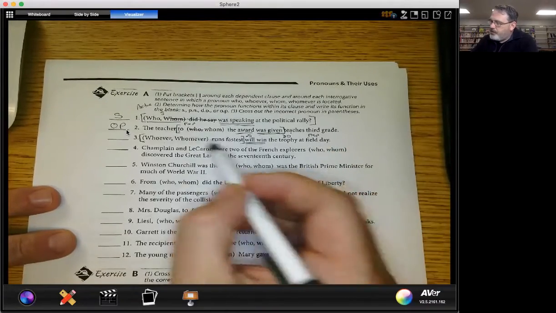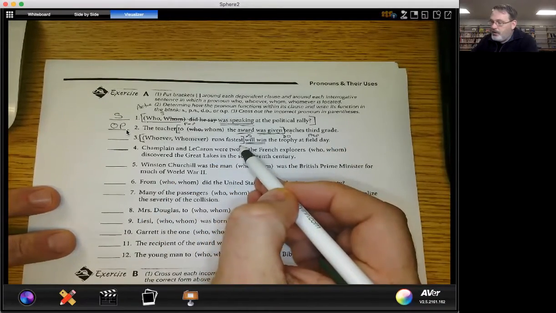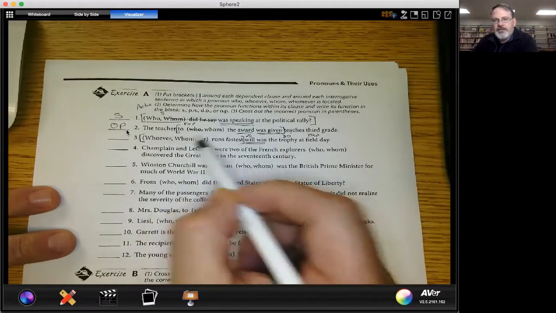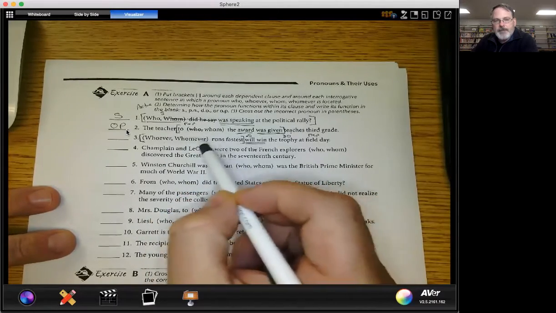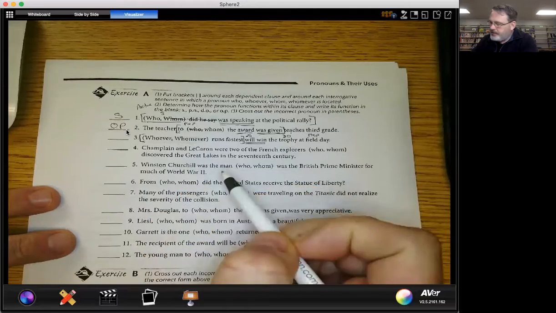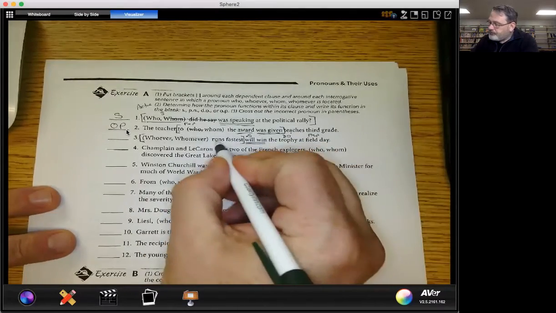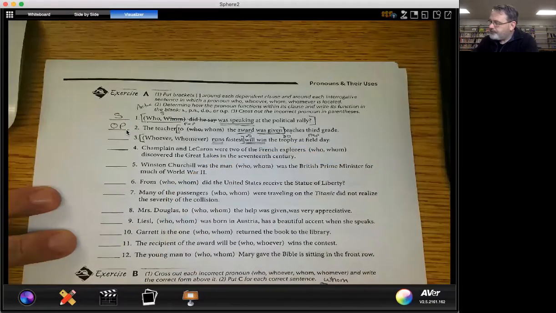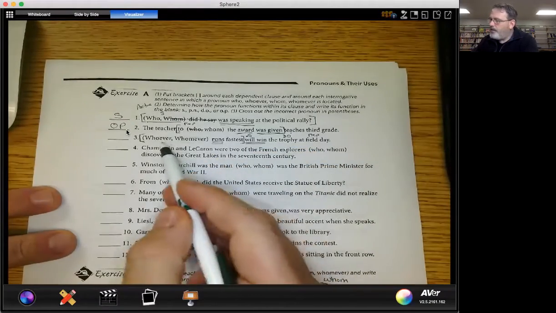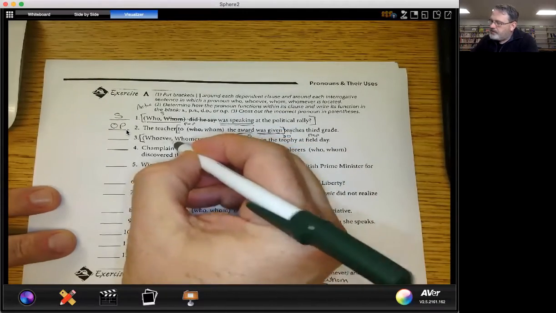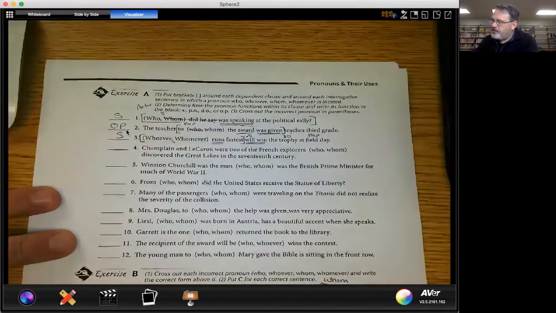For this exercise, once we determine the clause that the whomever or whoever is in, we have to determine how it's being used and then figure out which one is correct, which one is incorrect. Well, what is the verb of this sentence? Runs. Okay. What runs? Whoever or whomever. So that must be the subject.